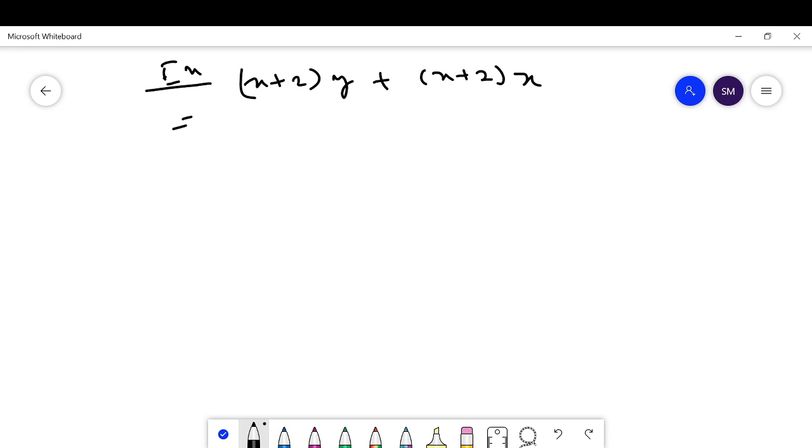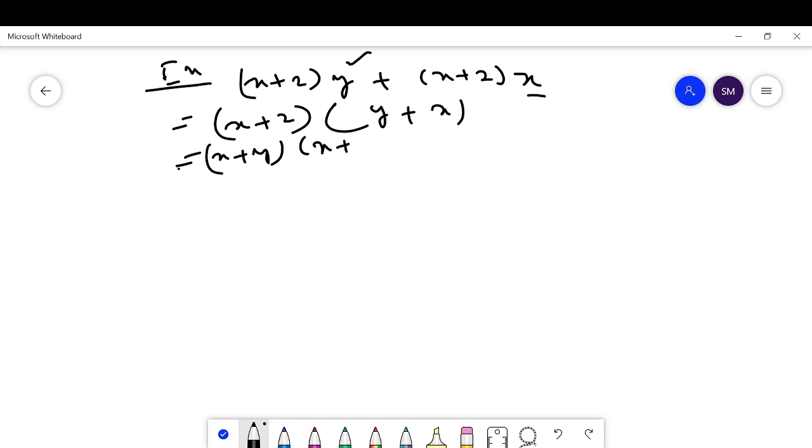What is the common term in these given binomials? X plus 2 is the common term. You take out x plus 2. While taking out x plus 2, what remains here? Y plus x. Then this is x plus y into x plus 2.